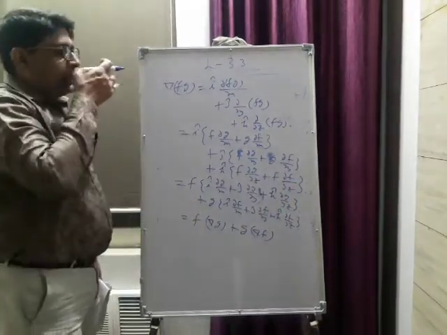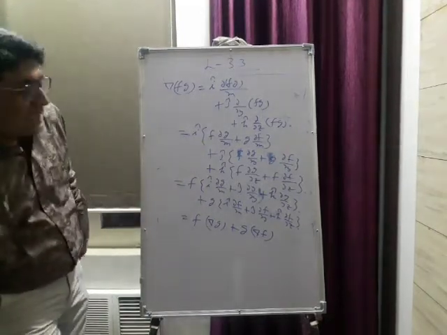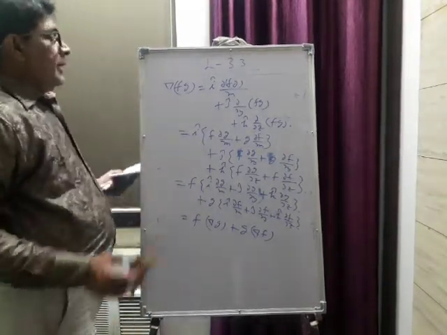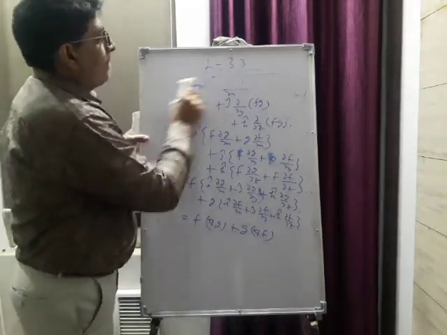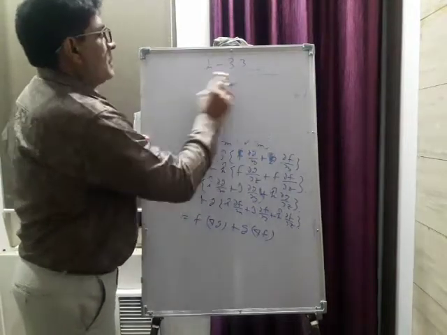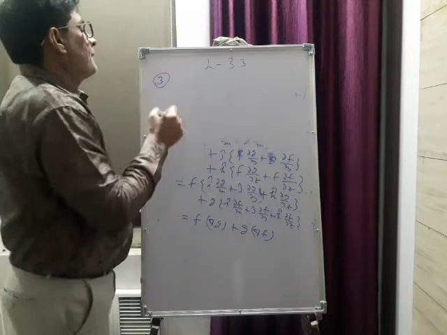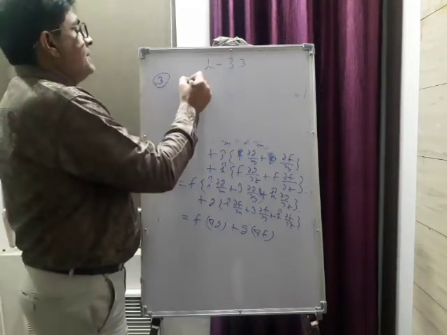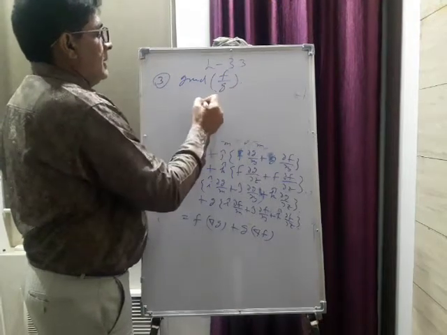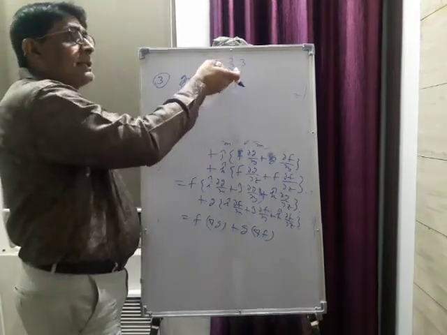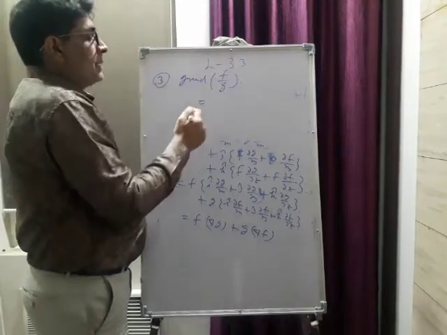So now in such a way we prove this value. So this is the second property. Now third property is gradient of f upon g. In this property, this is the quotient rule we apply.